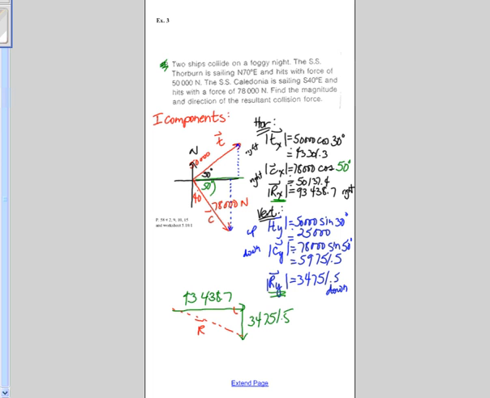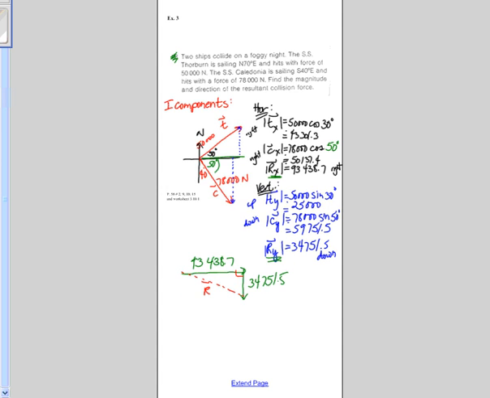We have created from vertical and horizontal a right angled triangle, so I can use Pythagorean theorem to calculate the magnitude. So I will square those numbers and take the square root.